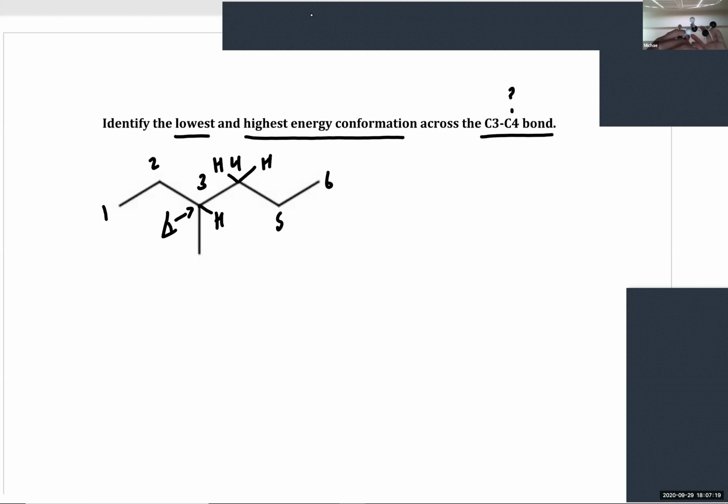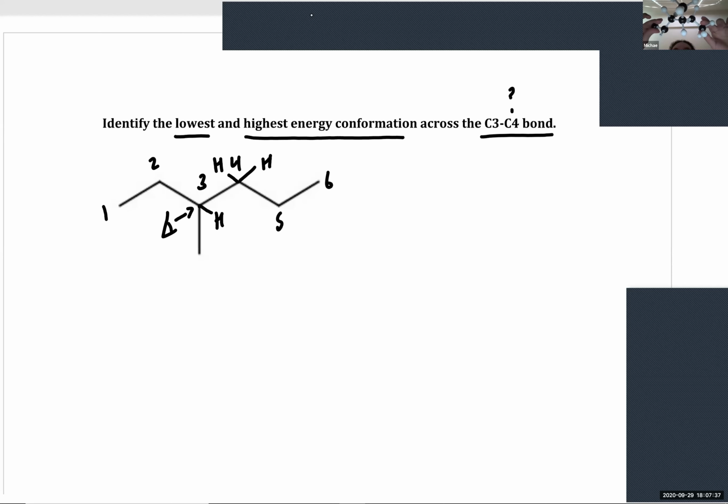Oops, wrong way. That's valid, but let's follow the instructions of the problem. So we're looking down carbon number 3. Let me get that set up.